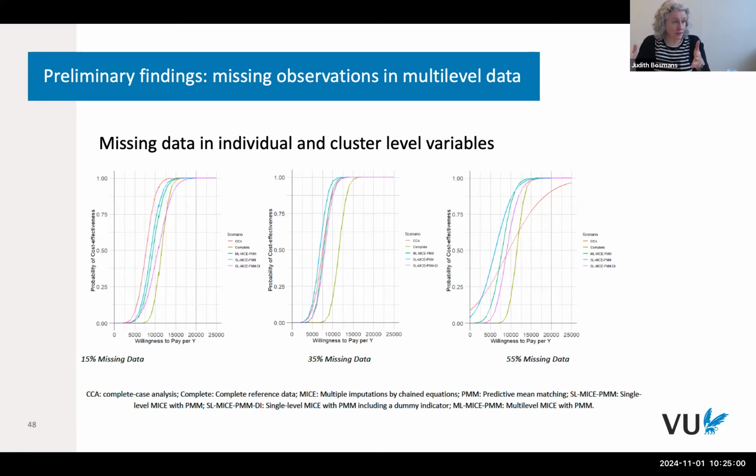So if you have multi-level data and you have missing observations at both the individual and the cluster level, then it's really important to also account for the multi-level structure of the data in your imputation procedure.